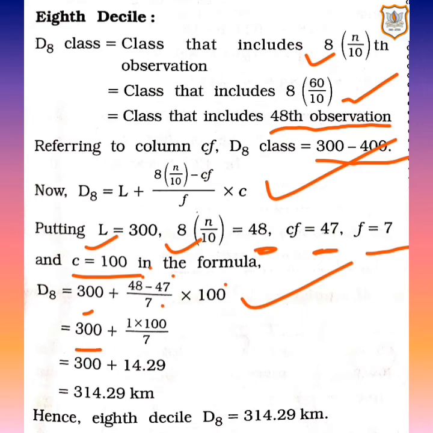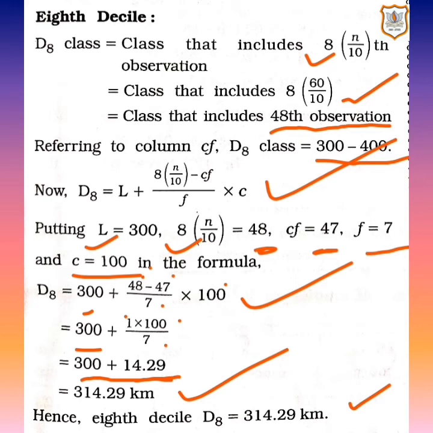Now 300 will write as it is. We are going to find 48 minus 47, that is 1, into 100 divided by 7. So 100 upon 7 gives you 14.29, and 300 plus 14.29 gives you 314.29 kilometer. So D8 is 314.29 kilometer.